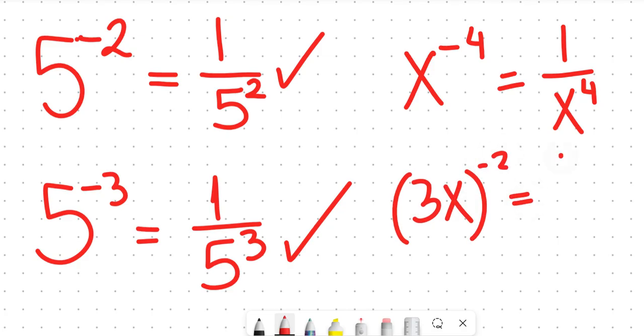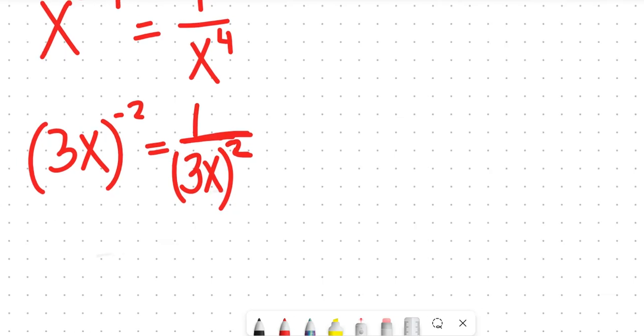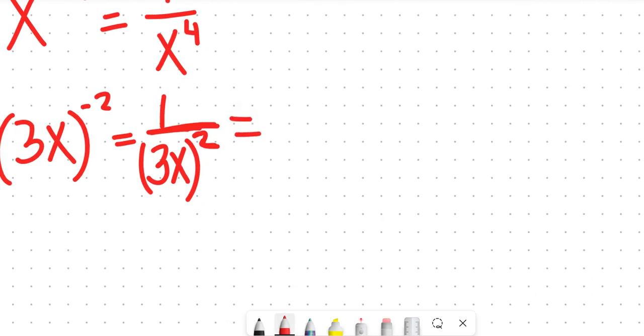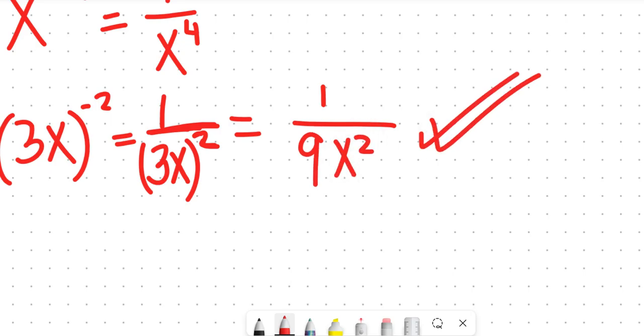We say 1 over, and then we have 3x, but this time the power is positive 2. So 1 over 3x to the power of 2, which we can expand later, or if you want, we can expand it now. So that will be equal to 1 over 3 to the power of 2, which is 9, x to the power of 2 is x squared. That's it, we are done.